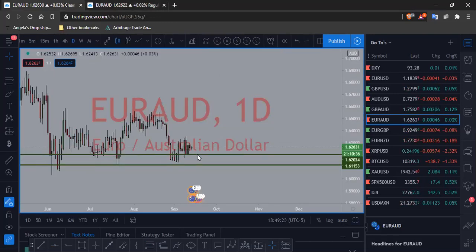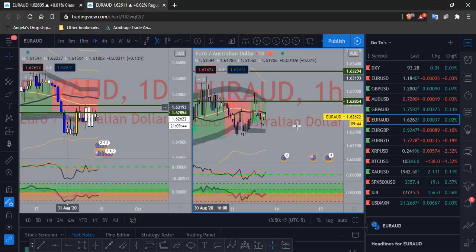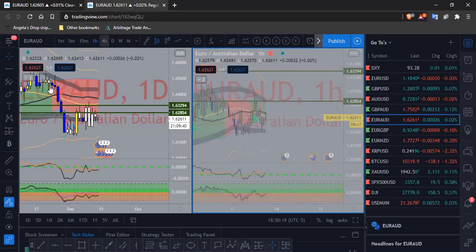Like I said, I would want price to come down to 1.6200, and then I would make that decision on whether I want to buy it or not. But as of right now, it's just the daily showing it's bearish, the 1 hour showing it's bearish. I'm pretty sure the 4 hour, if it'll load up.